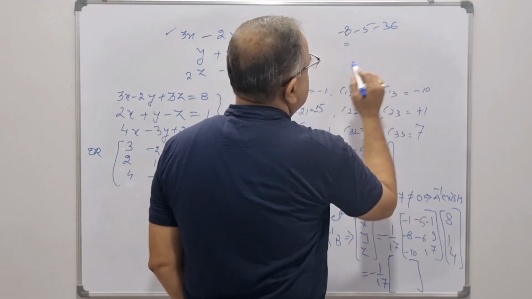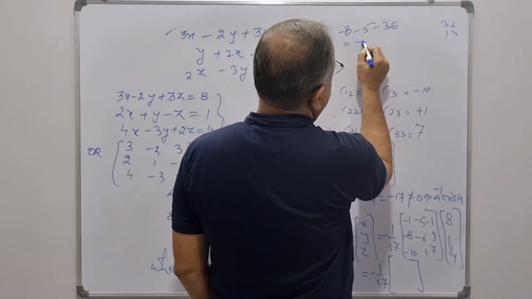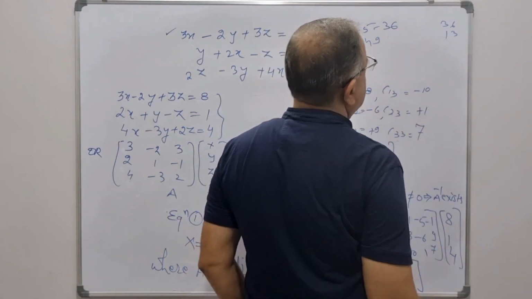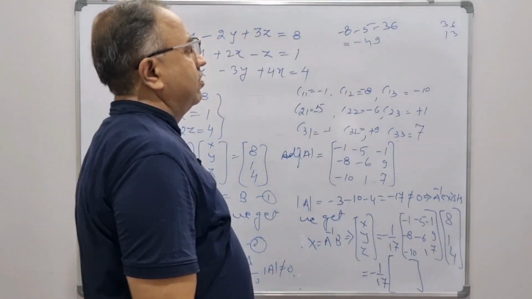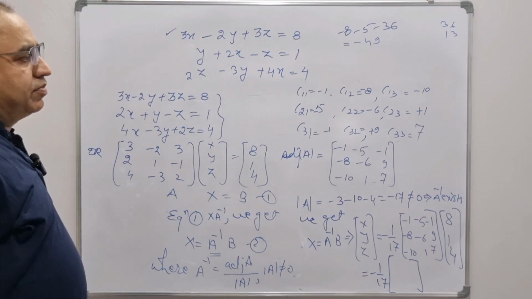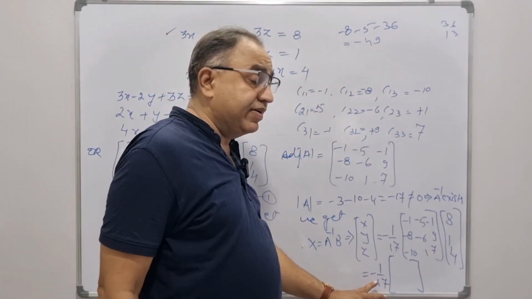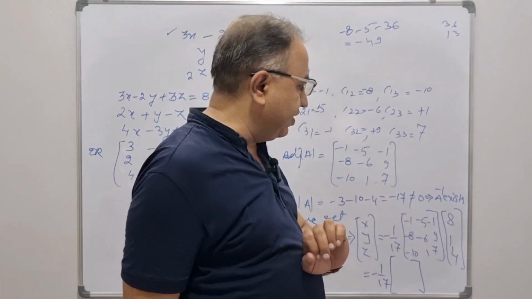Total is what? Now minus 49. Something is wrong. So what we got is minus 49, which is not divisible by 17. So we should check and ensure if there is any mistake we have made.